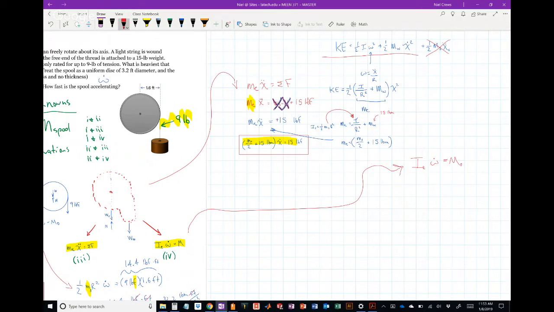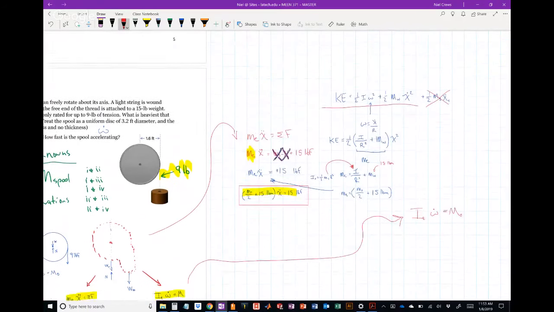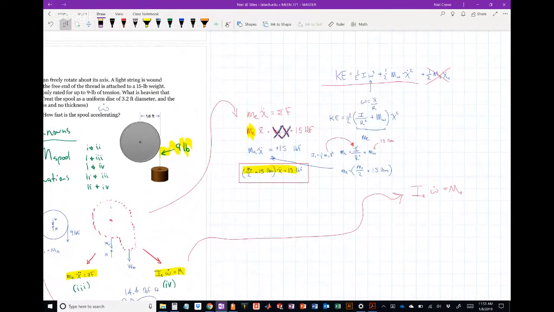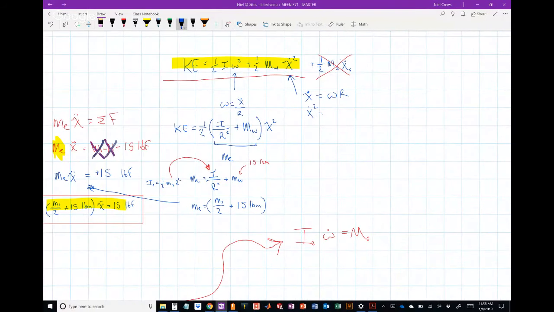We will come back up to this equation. We go off in a different direction. We would say that x dot is going to be omega times r. X dot squared then is going to be omega squared r squared.